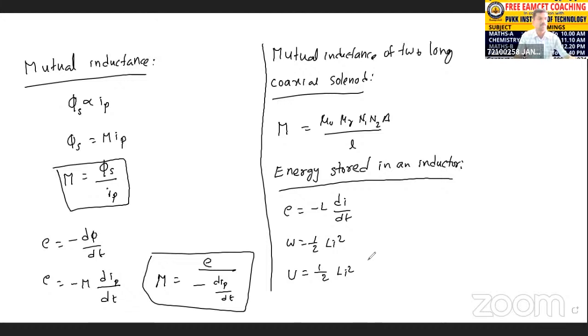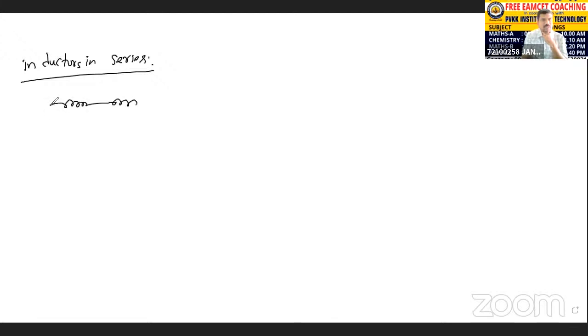Okay. Next, we take inductors in series and parallel. So inductors in series: two inductors, this is the inductor symbol. In this way, L1 inductor, L2 inductor. These two inductors are connected to an external battery.